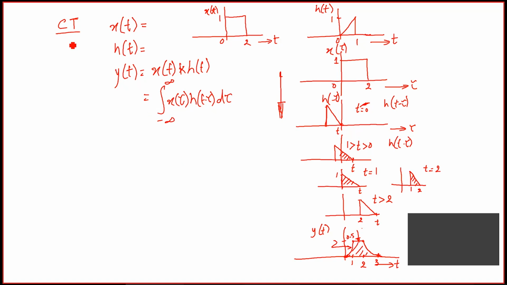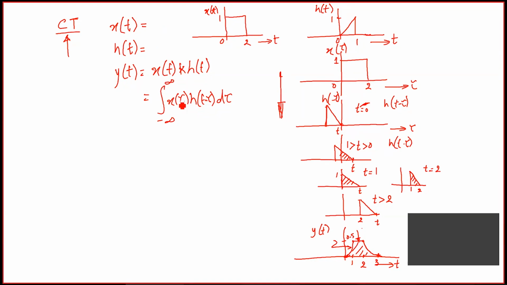So this is the continuous time graphical representation of the flip and shift method, I've tried to depict it right there. But again, it was for at least this continuous time. In this course, you'll be mostly or almost always given the formula or expression for x of t, and similarly for h of t.